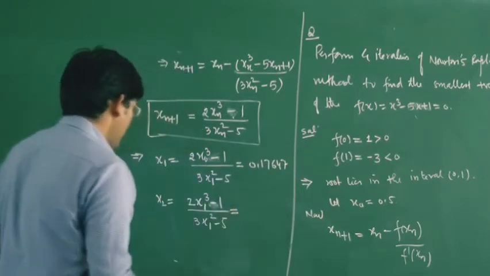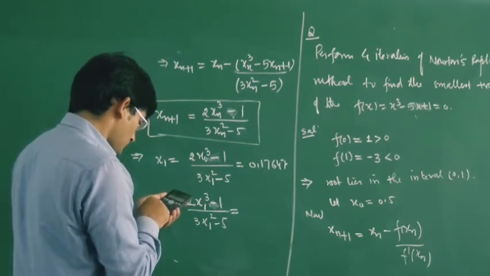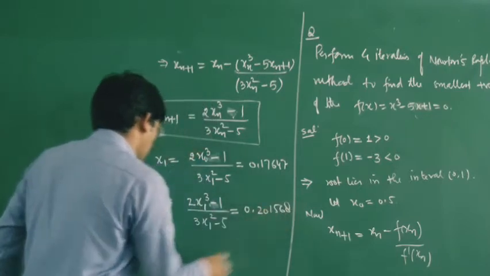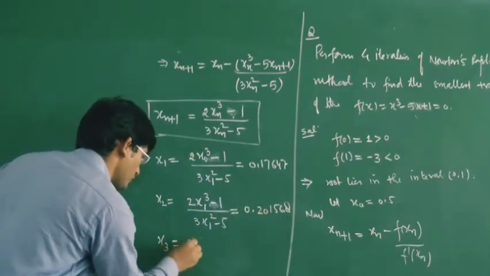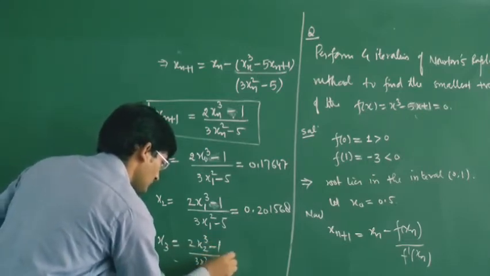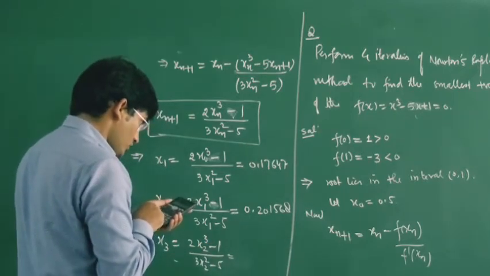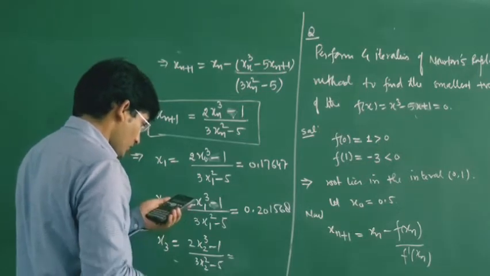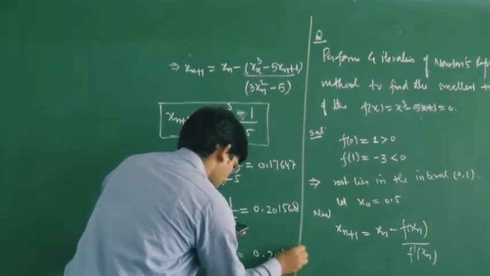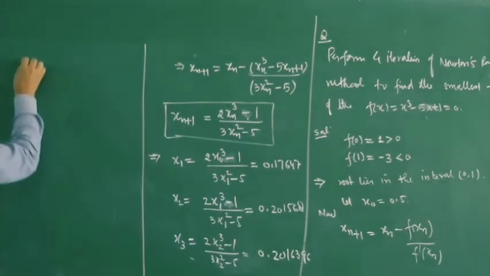Now the value of x2 at this x1 is equal to 0.201568. Now the value of x3 at this x2 will be 0.201639.